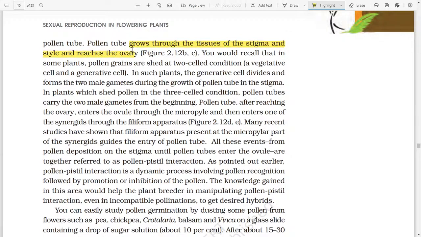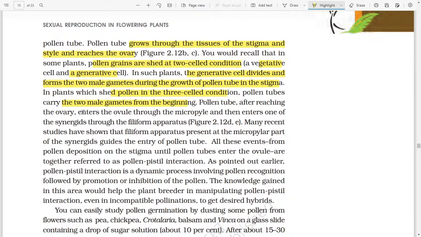You may recall that in some plants, pollen grains are shed at the two-celled condition, a vegetative and a generative cell. In such plants, the generative cell divides and forms two male gametes during the growth of the pollen tube in the stigma. In plants which shed pollen at the three-celled stage, pollen tubes carry the two male gametes from the beginning.